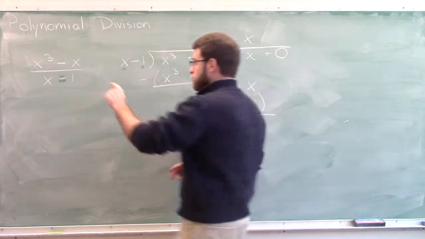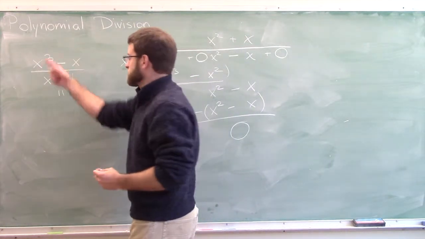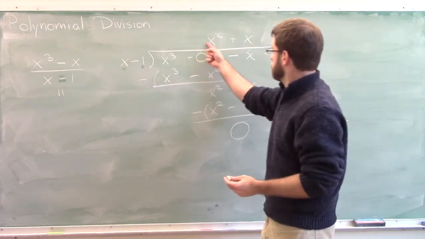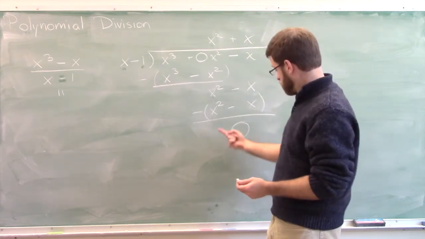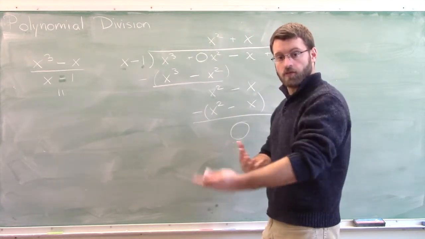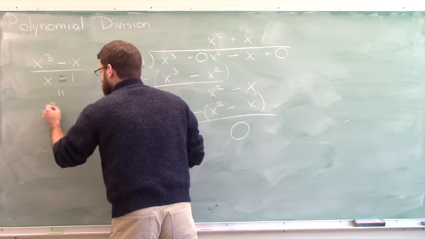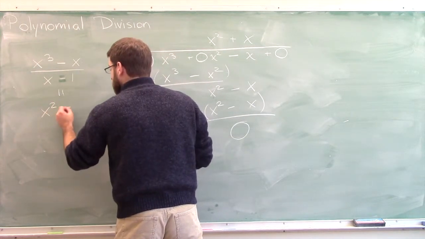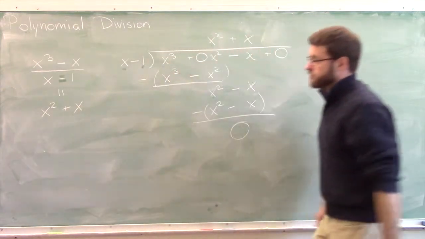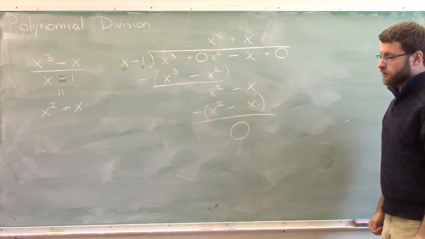Okay? So what we find is that this expression is actually equal to all the stuff we divided out with nothing left over, no remainder added on. So this is actually equal to x squared plus x. Okay?